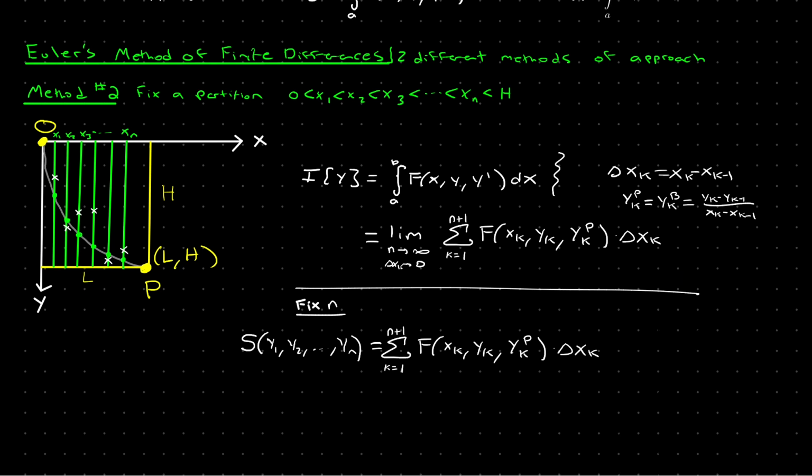And just like before, geometrically, this corresponds to finding the best piecewise linear approximation to the solution of our optimization problem. This piecewise approximation drawn here is probably not a very good one because it's moving very far away from the optimal curve. But this is the idea. Instead of fixing y, we're fixing x in method 2.